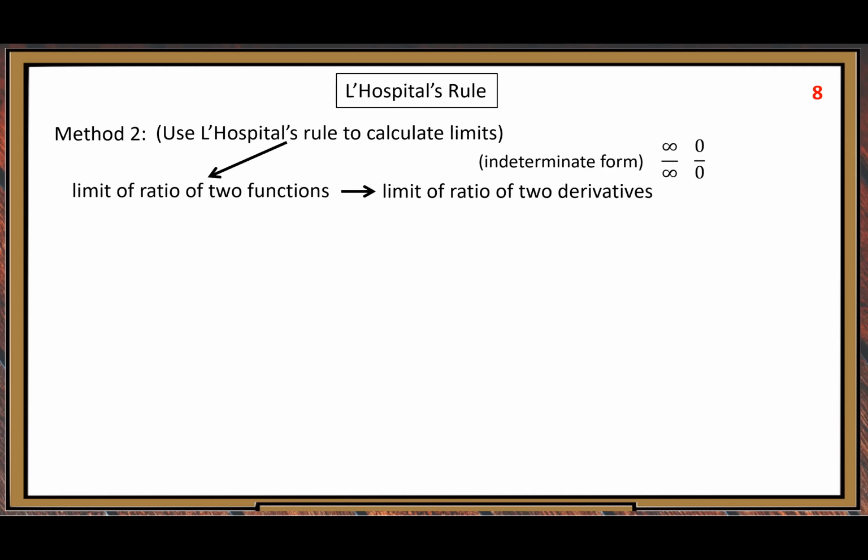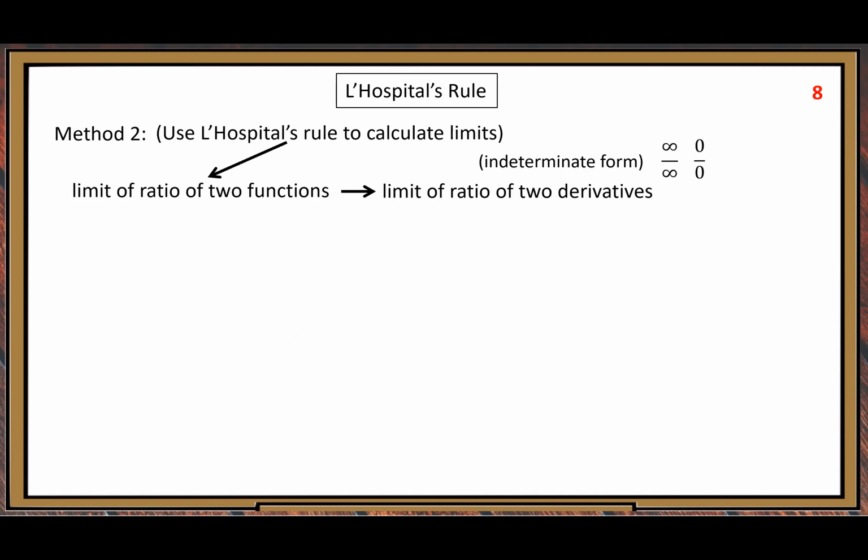Another possible indeterminate form is 0 over 0. But because we use it in our algorithms, we do not have that second indeterminate form. In math you may have it, but in our algorithms we only have the first, because our growth functions usually go to infinity.